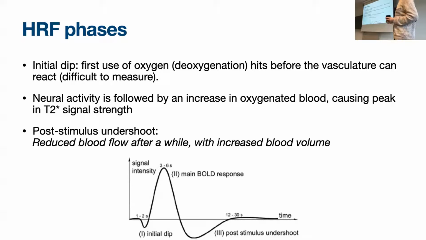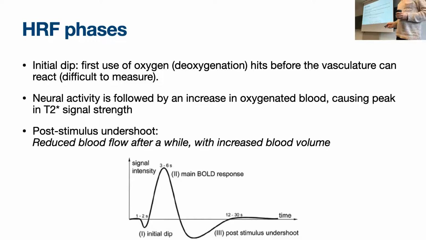And what you then get is this enormous peak in terms of this T2 star signal. And that is the main signal that we work with in terms of the analyses that we'll be looking at today. So this main BOLD response is really the fodder for most of the analyses.